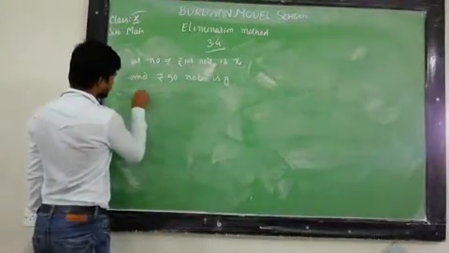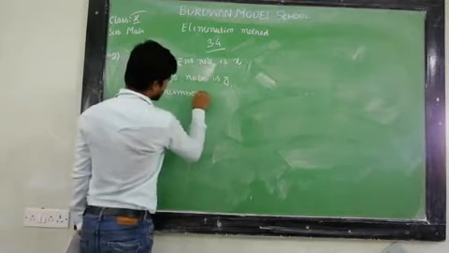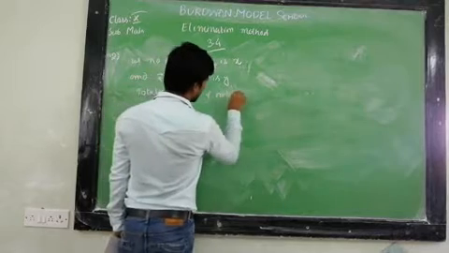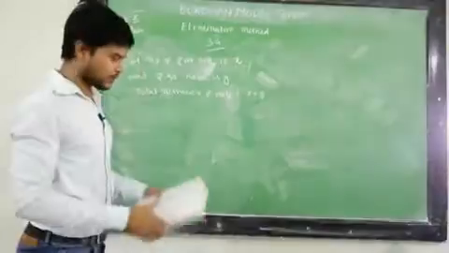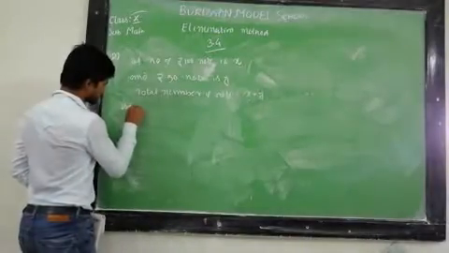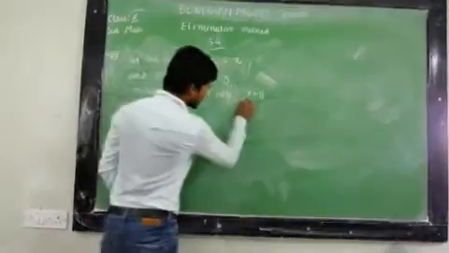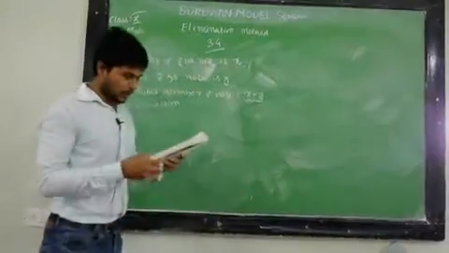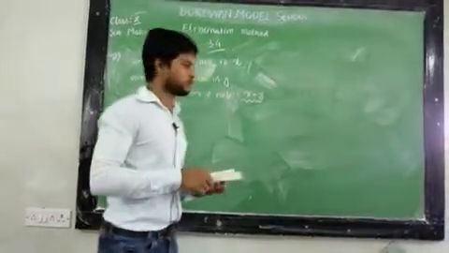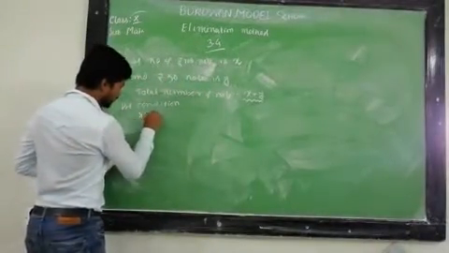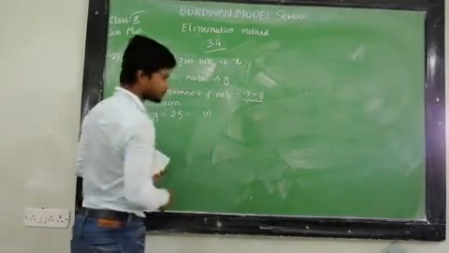Therefore the total number of notes will be X plus Y. Clear? The book says the total number of notes she got is 25. So obviously X plus Y will be equal to 25. Let this be our equation number 1.